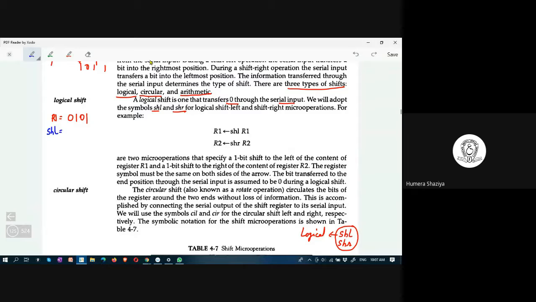You shift the contents to the left. Left means, you see here, this one is shifted to the left here, and this 0 would be shifted here to the left, and 1 would be shifted here. Now what is left? This 0. 0 is said to be out of the register.